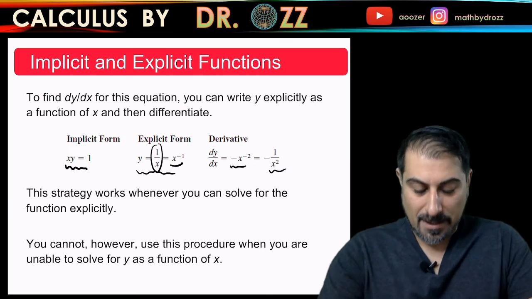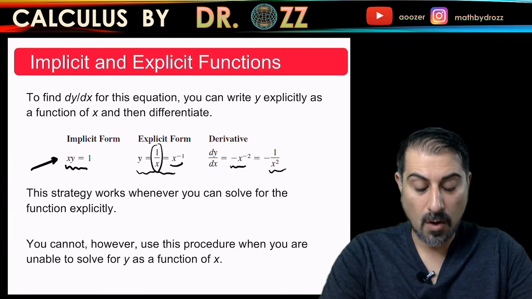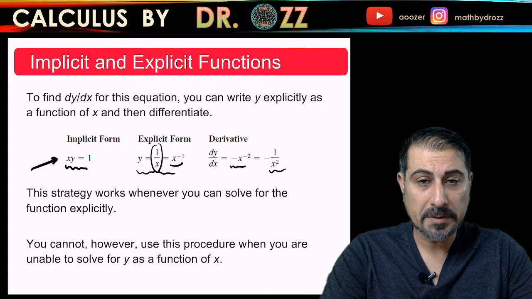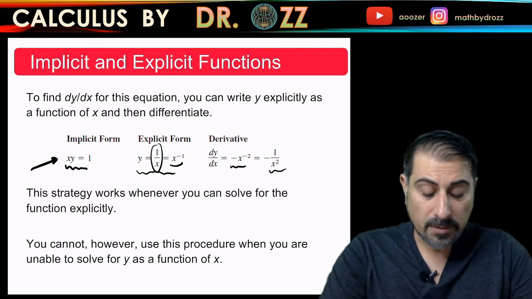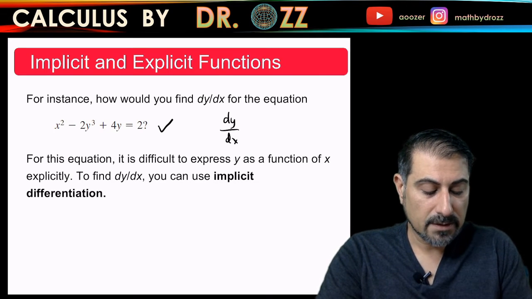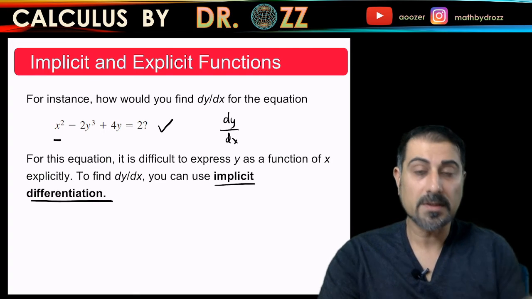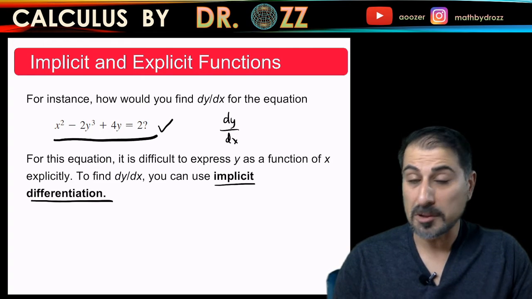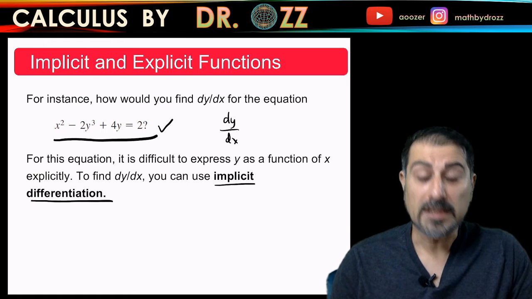If the function description allows you to solve for y in terms of x, go ahead and do it and find the derivative accordingly. Otherwise, we need a new technique called implicit differentiation to take care of the derivatives of this type of function, where it's almost impossible to solve for y in terms of x.